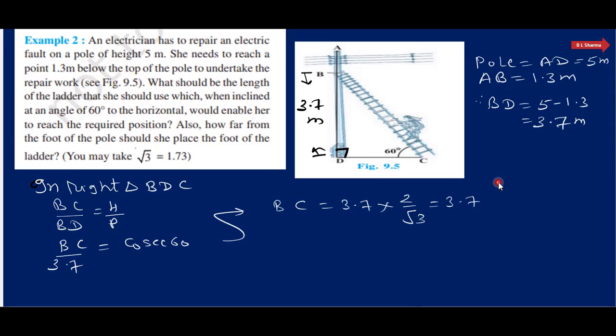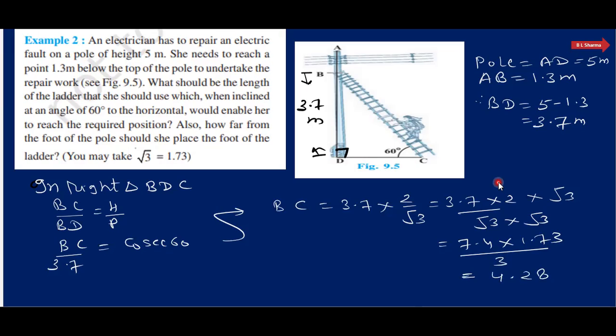You rationalize the denominator by multiplying numerator and denominator by root 3. So we can write 7.4 into 1.73 upon 3. And that will be approximately, on calculating, 4.2 meter approximately.